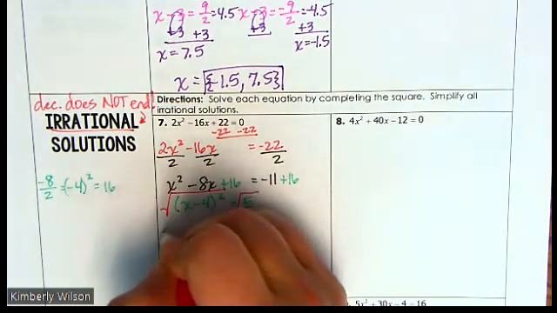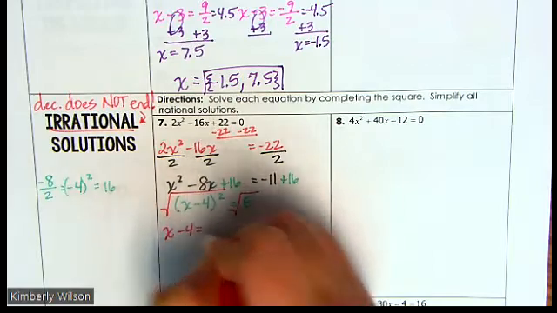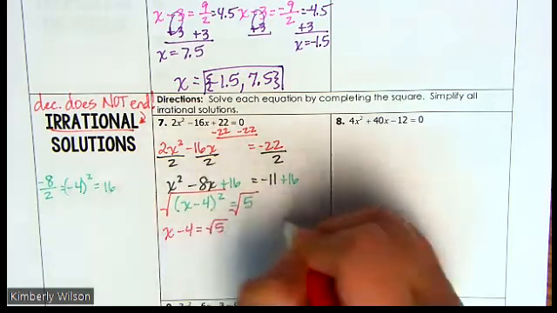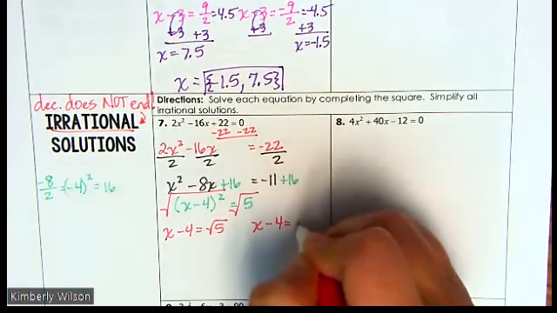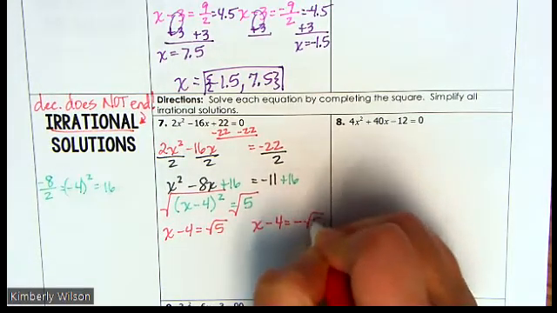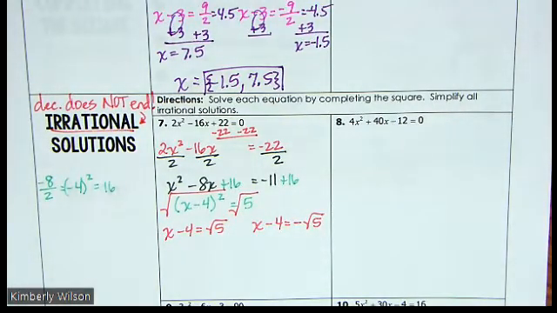So I'm going to have x minus 4 equals the square root of 5, and x minus 4 equals the negative square root of 5. Okay, we keep going because I've got to get x by itself.